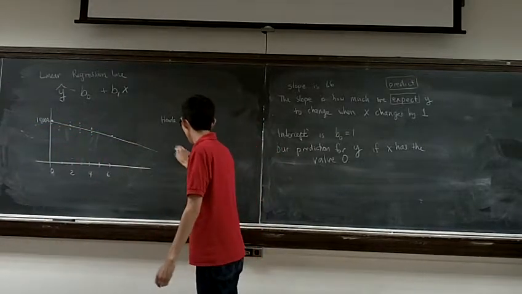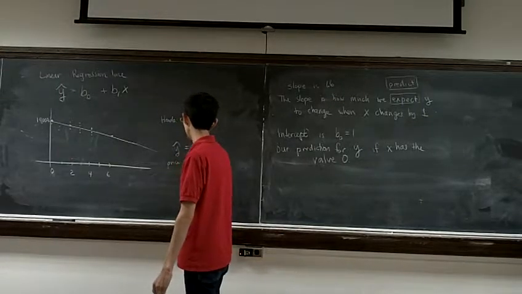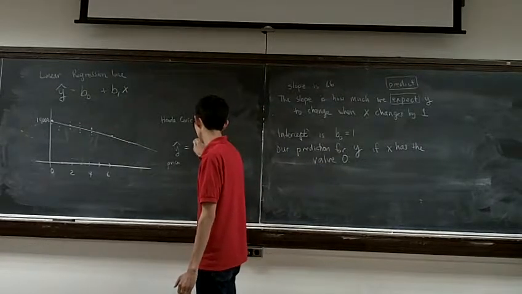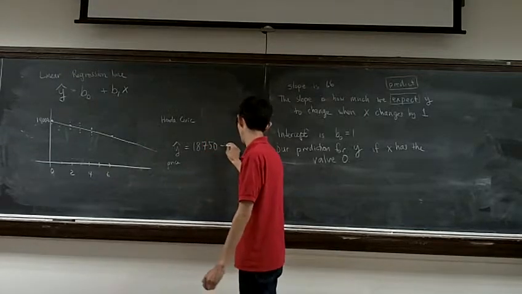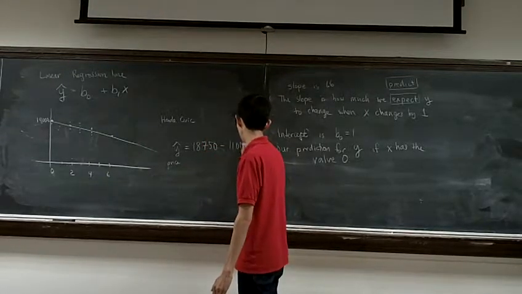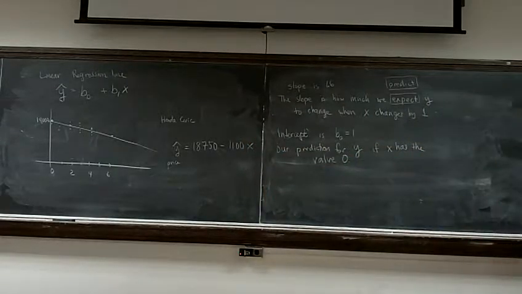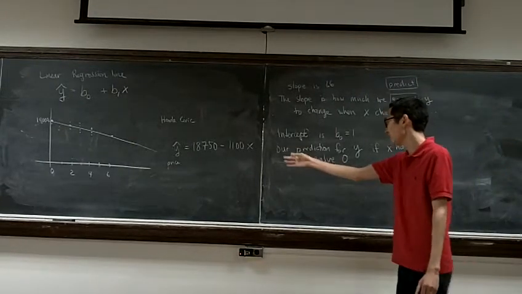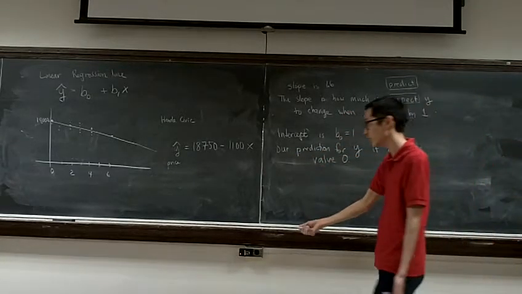And so let's say y hat, being price, is equal to 18,750 minus 1100x. Okay, I'm making these numbers up, so don't hold me to this. What this is saying, okay, what is our slope? Our slope is negative 1100.